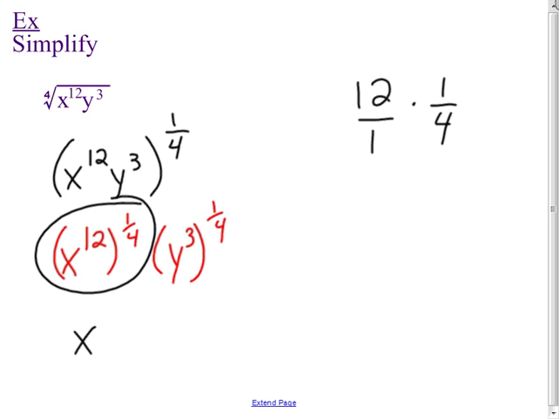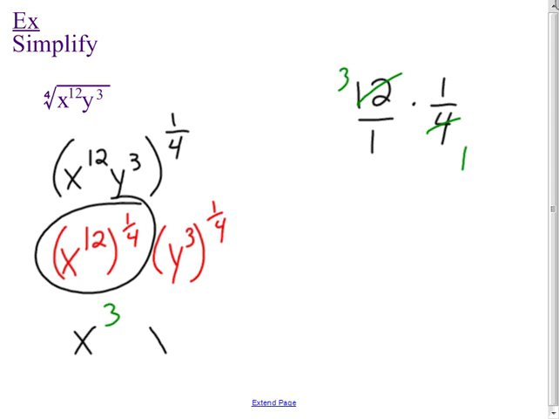The other thing you're going to want to do is start simplifying. 4 goes into 4 once, 4 goes into 12 3 times. So my exponent that's left is to the third. Try to simplify before you go through the whole multiplication piece. If you can, it'll just make your numbers a little smaller to work with.